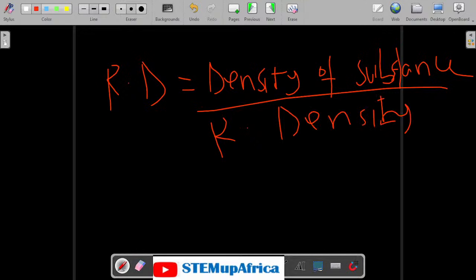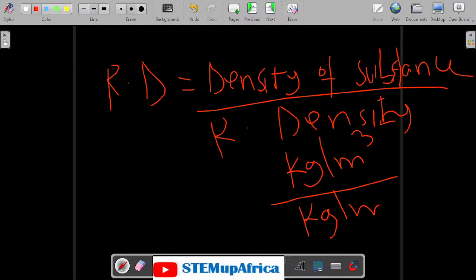That is the formula of relative density. Now, what is the unit of density? Density is defined as mass per unit volume. That means it's measured in what? Kilogram per meter cube. Divided by the reference substance, which is also a density. It's also kilogram per meter cube.